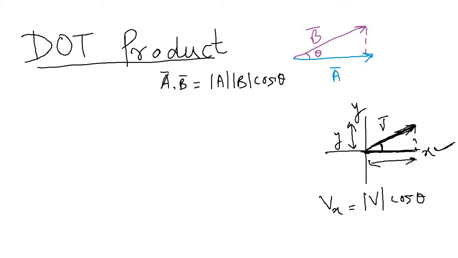So even in this formula, if a vector were only a unit vector, then this magnitude of a would be unity, or 1, and then this formula and this formula would be more or less the same.